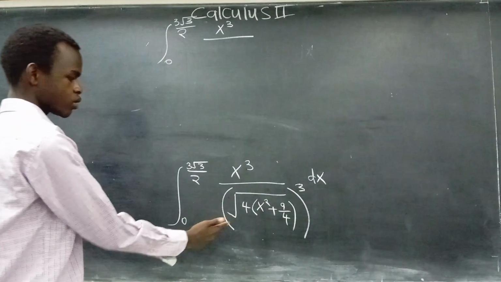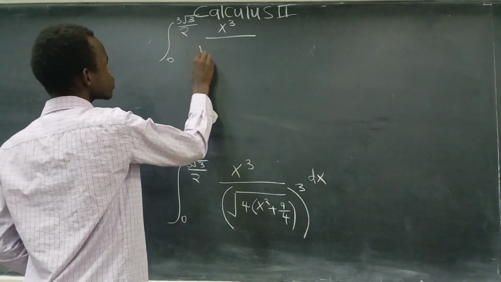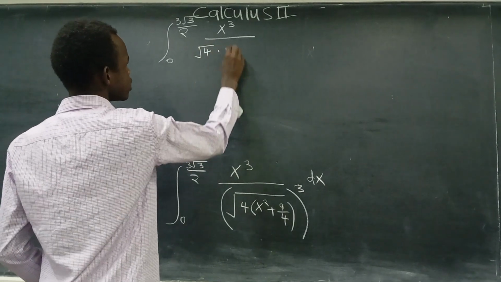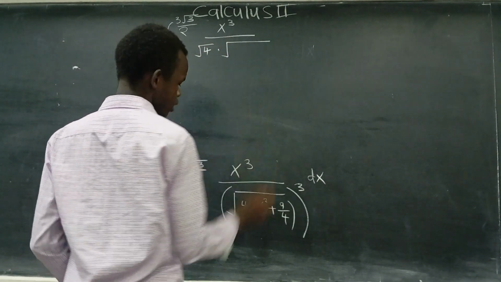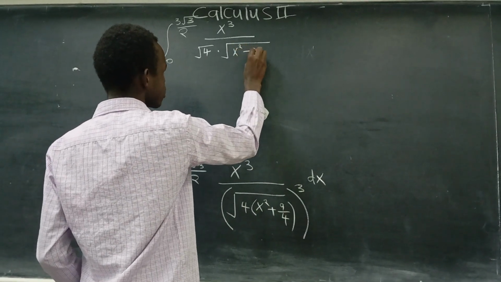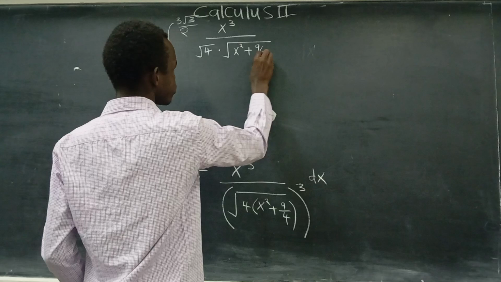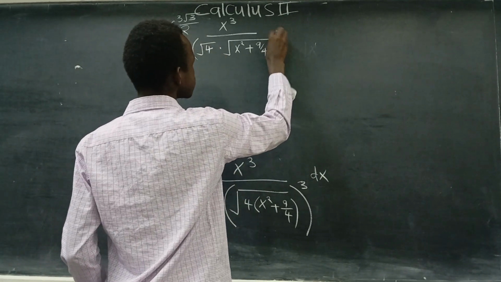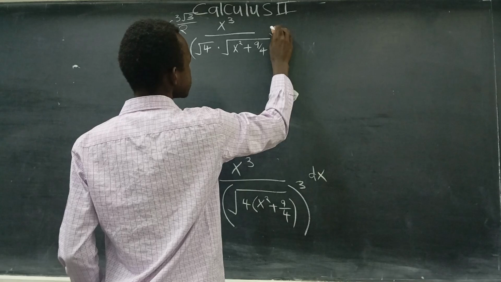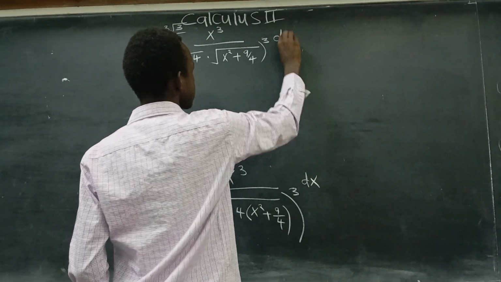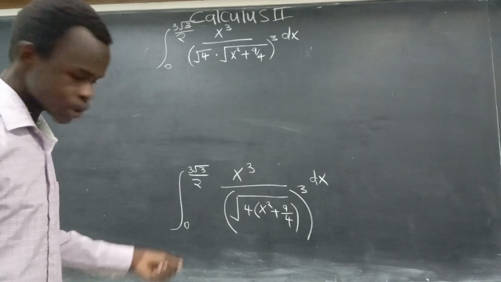So the square root of 4, multiplied again by the square root of x squared plus 9 over 4, and that whole thing is being cubed, okay, don't forget the cubed part, dx. So that's where we have reached.